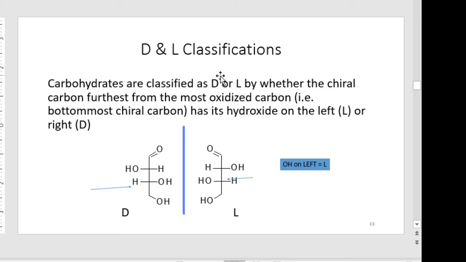This is one that always caused me trouble, but it's really easy to tell in Fischer projections. One of the main uses of Fischer projections is we can tell just by looking at the bottom chiral carbon, the last one that goes across, right? It's D if that OH is on the right-hand side, it's L if it's on the left-hand side. So L for left.